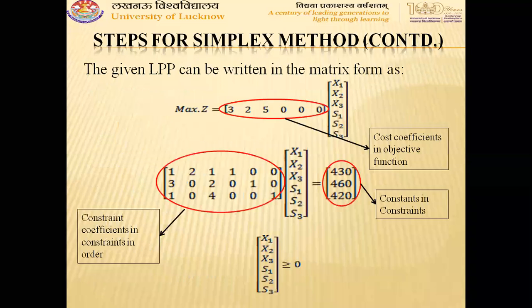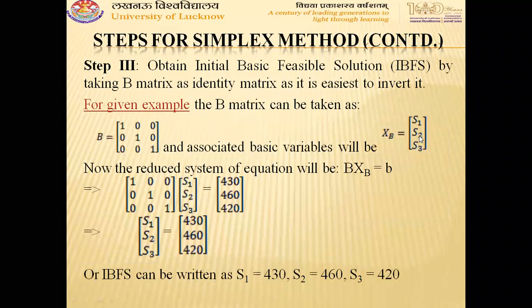So you can see from the matrix that here the last three columns represent the identity matrix, and the associated variables are s1, s2, s3. The first row, 100, is the coefficient of s1, second 010 is the coefficient of s2, and 001 is the coefficient of s3. So here we take xB as s1, s2, and s3. Now we put into BxB equals small b.